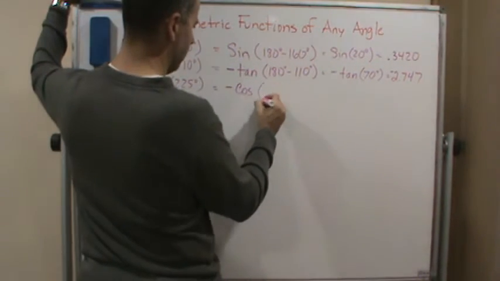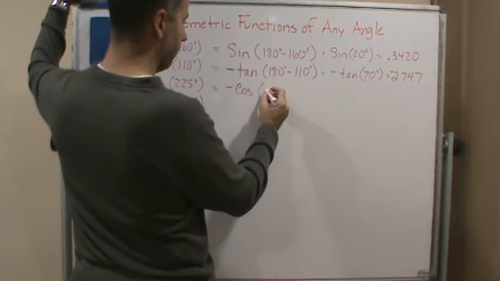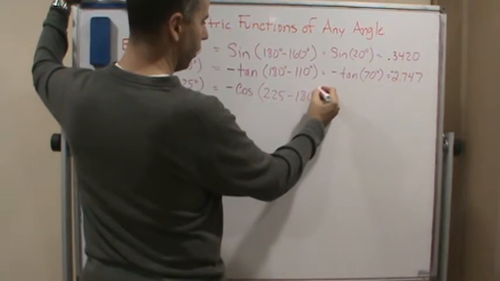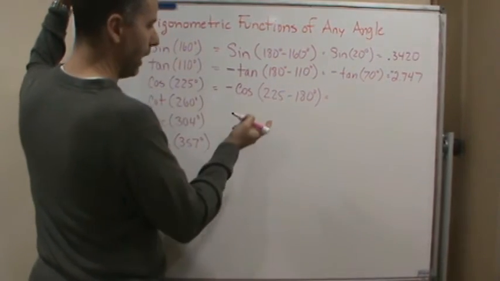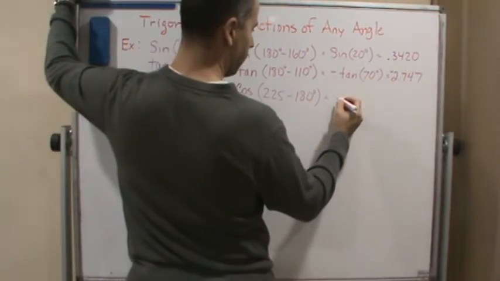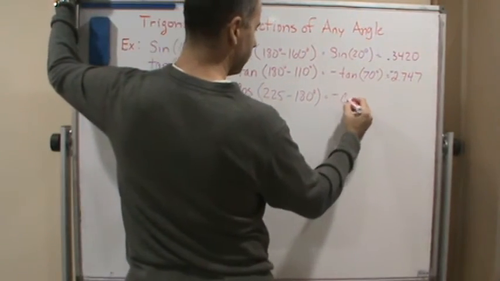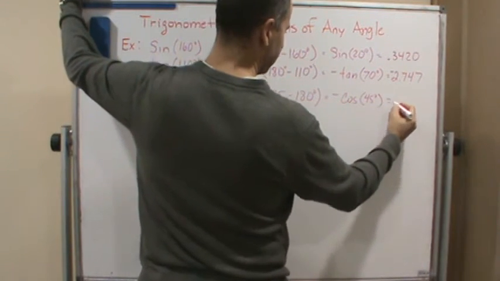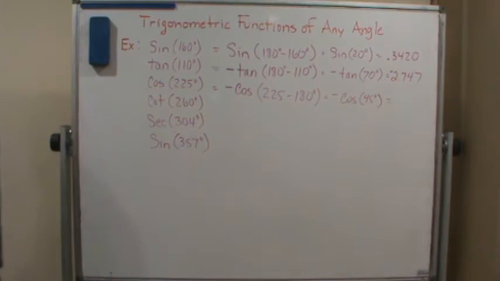So this is going to be 225 minus 180 to get our reference angle, and now our reference angle is 45. So it's going to be negative cosine of 45 degrees.